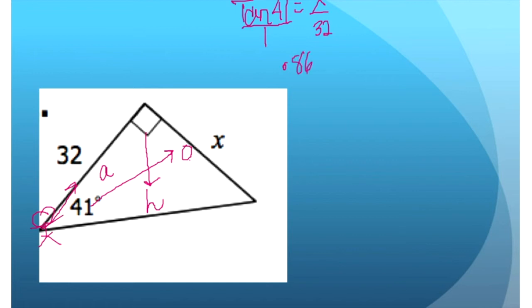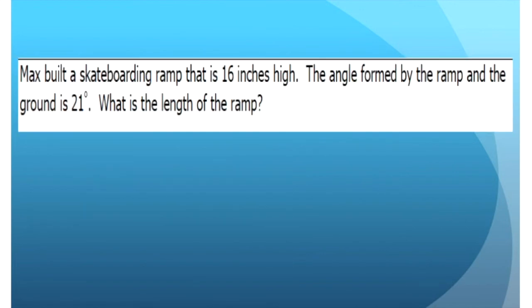So 0.869 over 1 is equal to x over 32. So when I cross multiply, I multiply x times 1, which is x, and I multiply 0.869 times 32. And what I get is 27.8. So x is equal to what? 27.8. And this is how we do these type of problems.